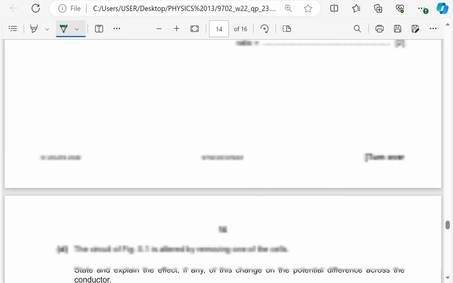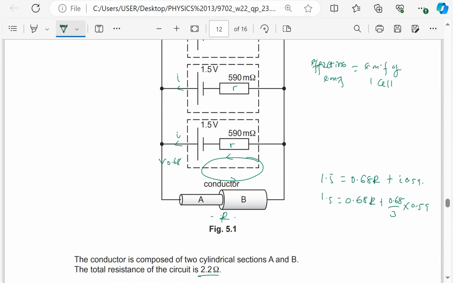If you consider one conductor here, if you consider there are 2 cells now, it means the PD across each cell is now going to be 1.5 minus 0.59 times the current in each cell, and the PD across the conductor is going to be, this time, twice I times the resistance of the conductor R, but note that the total combined internal resistance of the cells is now greater.